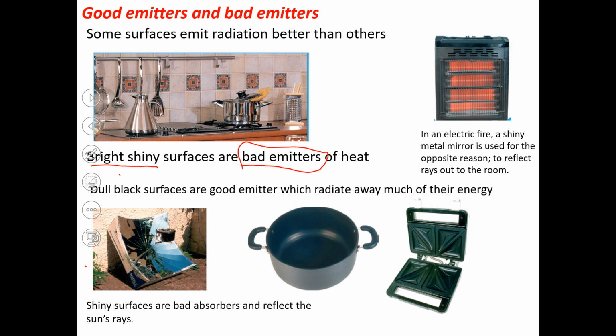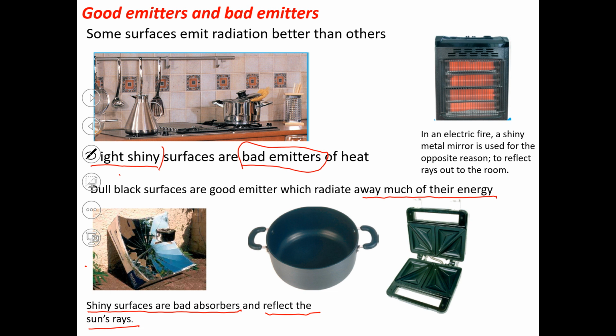Dull black surfaces are good emitters because they do not mostly reflect, and they radiate away much of their energy. Shiny surfaces are bad absorbers. They do not take in the sun rays, they reflect them directly.